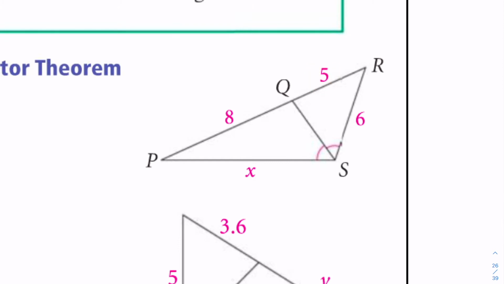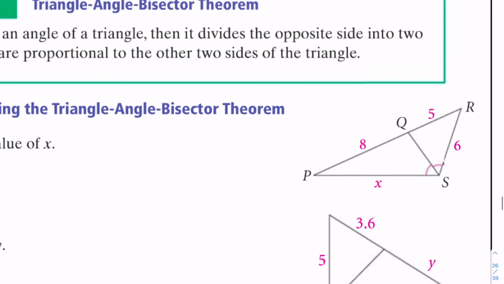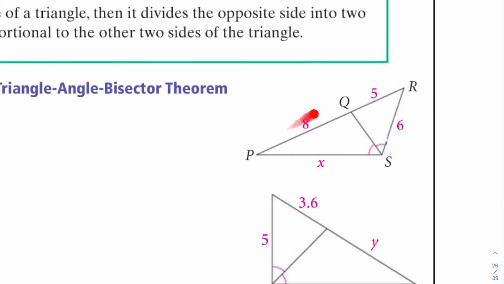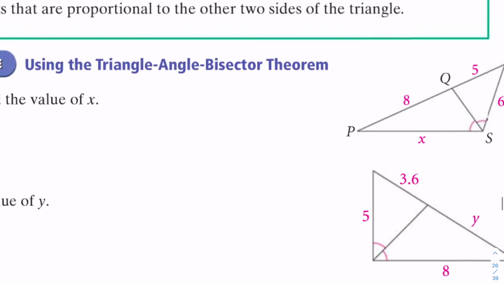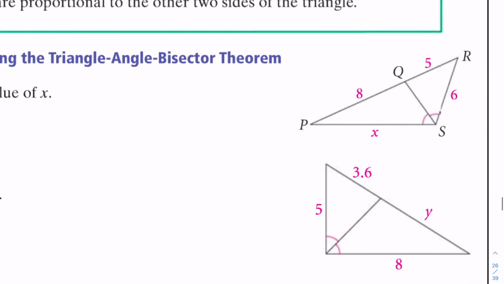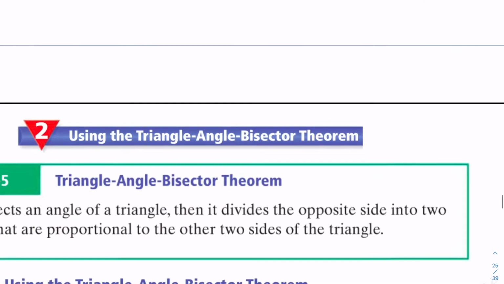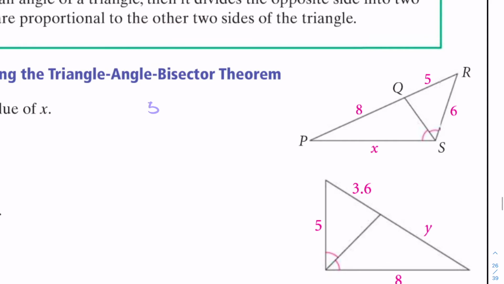So no matter what, 5 is in ratio with 8, and 6 is in ratio with x. It divides the opposite side into two segments that are proportional, so 5 and 8, and x and 6. So what I can do is find the value of x. I'm going to say 5 is to 8. I always go smaller to larger. 5 is to 8 as 6 is to x.